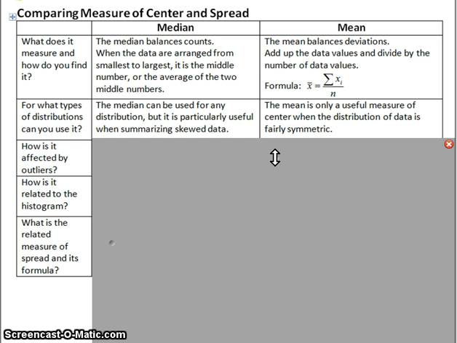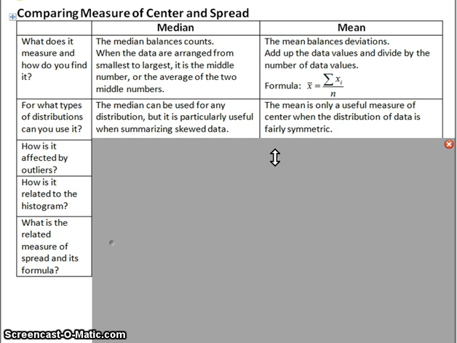If you took the average home price in an area, it would not be reflective of the typical home price, because that one really high priced home makes the average seem higher than it should be. So that's when a median is particularly useful.